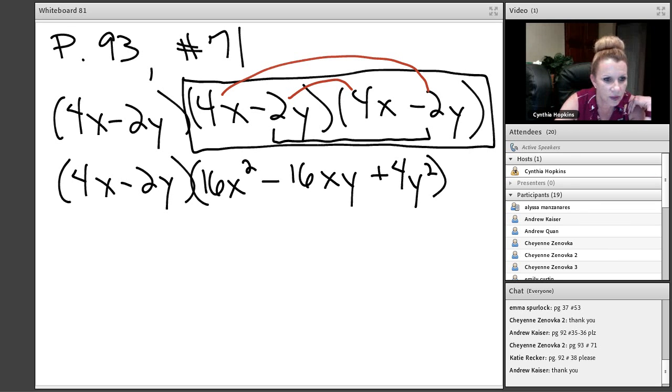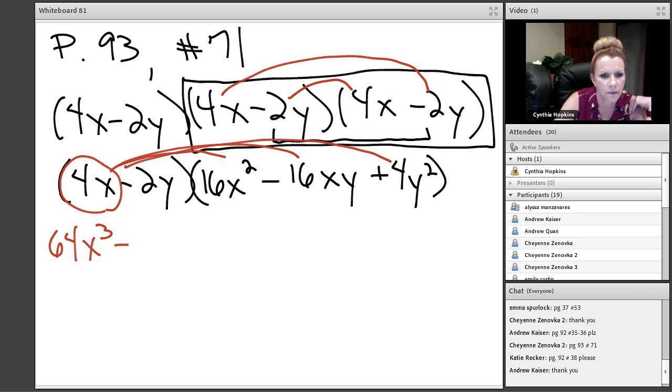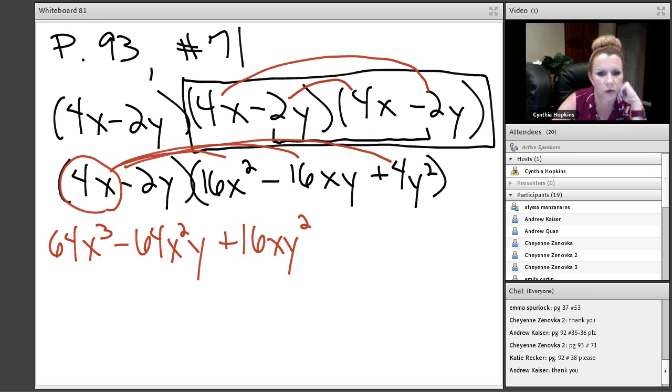Okay, so here we go again. We're distributing. I'm going to take 4x and distribute it 1, 2, 3 times. When I do that, I'm going to get 64x cubed minus 64x squared y plus 16xy squared. Okay, notice I'm keeping my variables in alphabetical order.